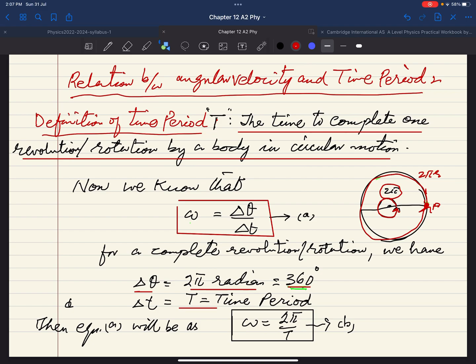So simply you can write that omega is equal to 2 pi over T. What you did here, you have used 2 pi radian for delta theta because this is the complete angular displacement here, and of course the time for this rotation will be the time period, so you have used your T. So omega is equal to 2 pi over T will be the new equation. This is something which is important to remember.